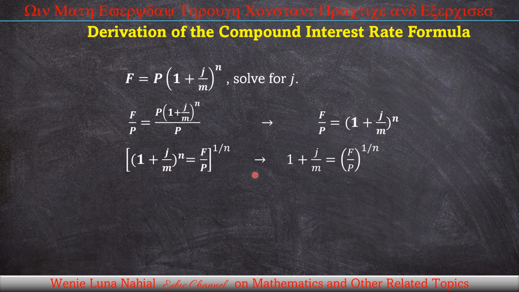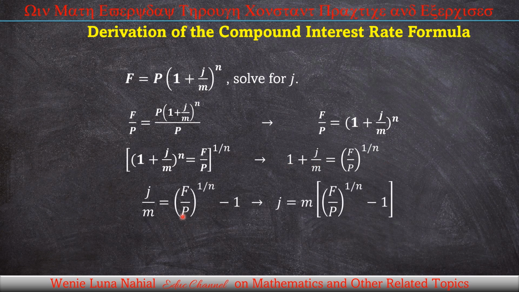So we have to subtract both sides by 1 so that only J over M will be at the left side. So we apply the subtraction property of equality. So we have this one. Then multiply both sides by M because our goal is just to have J at the left side.